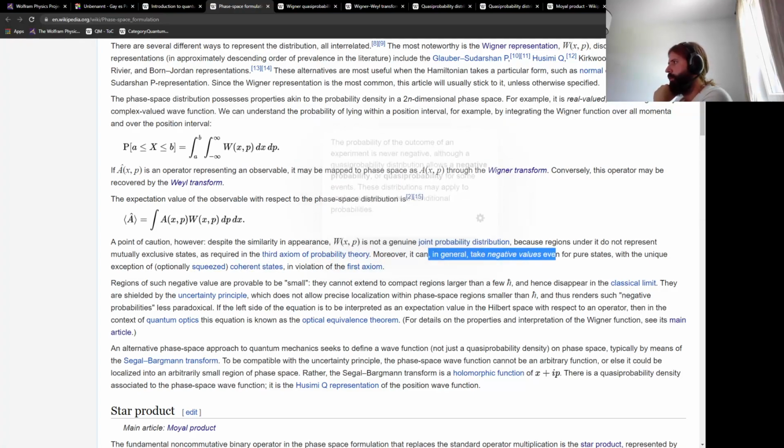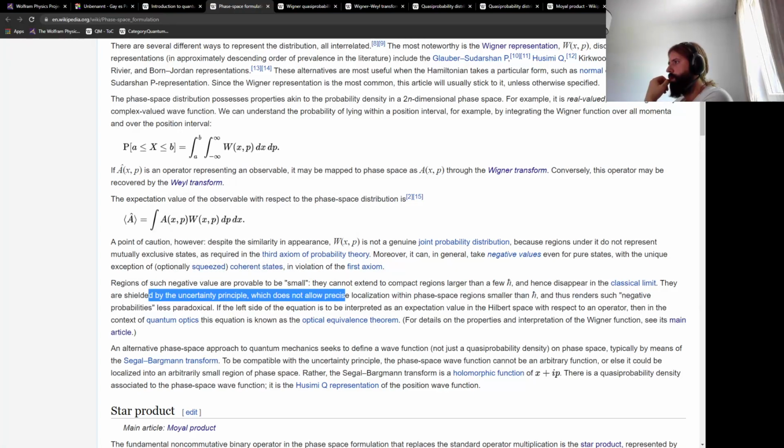It could take negative values, even for pure states, with the unique exception of optimally squeezed coherent states. It's not allowed precise localization within phase space regions smaller than Planck's constant. I keep coming back to what I mean.